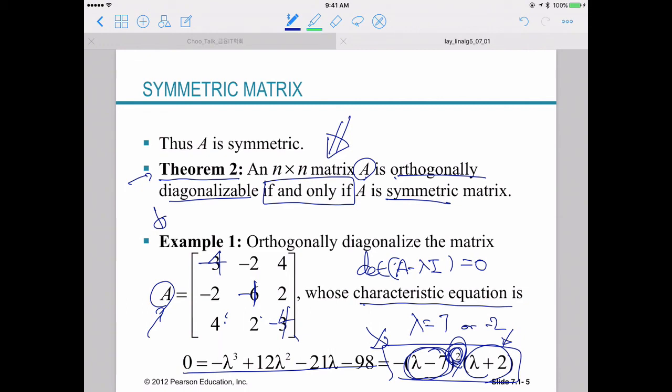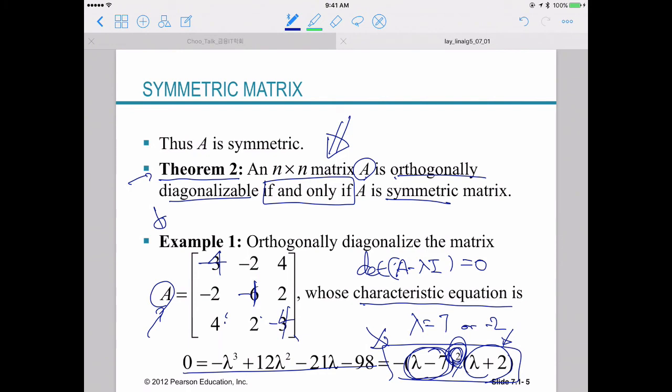Okay, and once you obtain the same number of linearly independent eigenvectors, you can easily orthogonalize them to obtain an orthonormal basis by doing Gram-Schmidt orthogonalization.